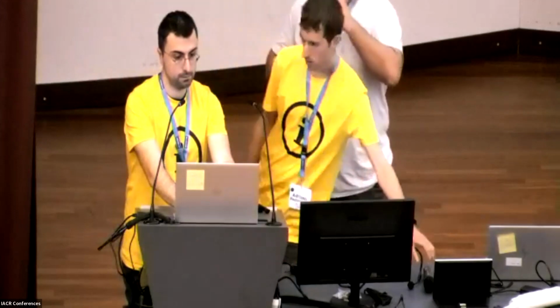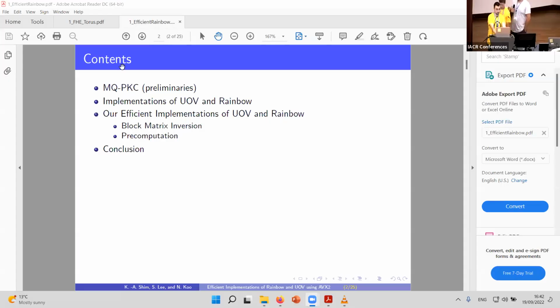For the next talk, we are going to have also AVX, efficient implementations of UOV and Rainbow using AVX2. And Nahum is going to give the talk.